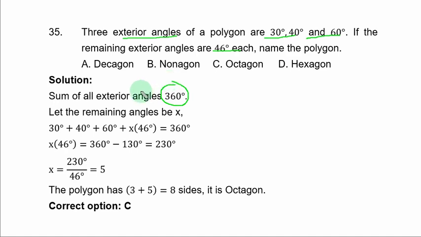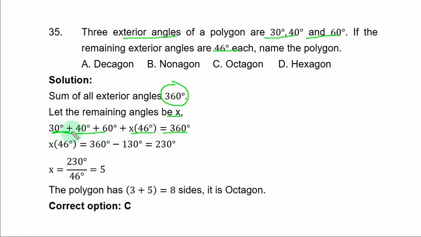Now let the remaining angles be S. 3 of the angles, their sum is this. Because the remaining angles we don't know, and each one is 46 and they are S, you multiply 46 by S and you equate the sum to 360.